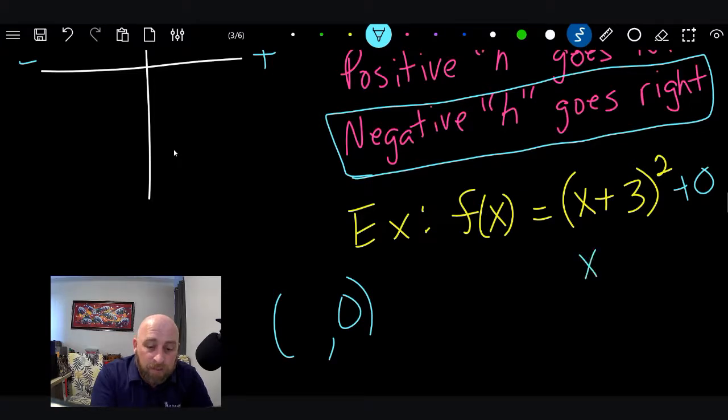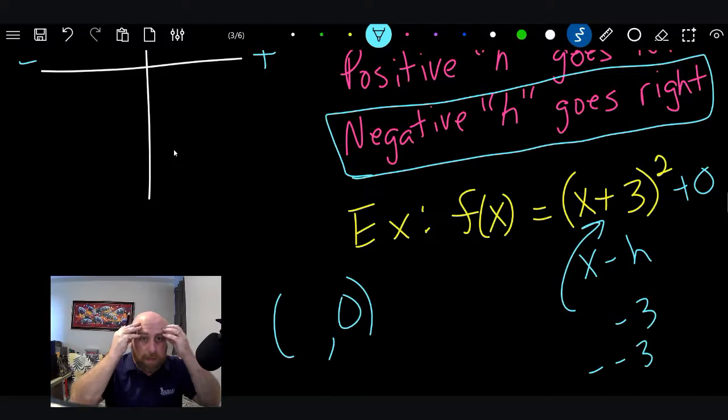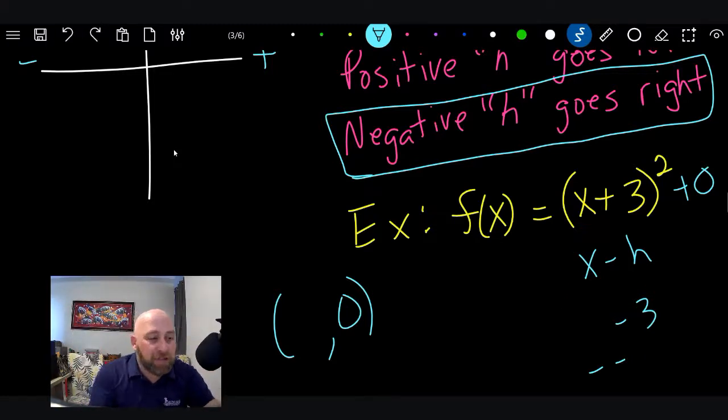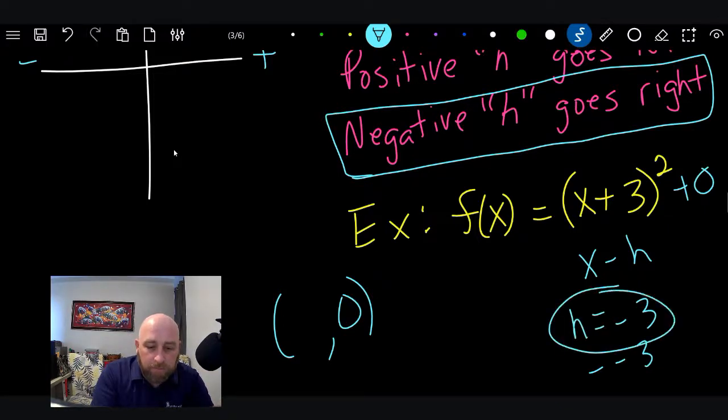Notice that the original was x minus h. So what is the h here? Well, the h is -3, because if we have -(-3), that's where that positive comes from. Okay, I know it's mind blown right there. But the h is -3 in this one.